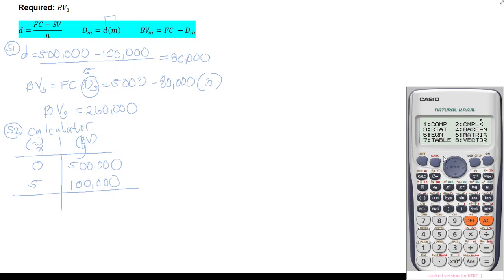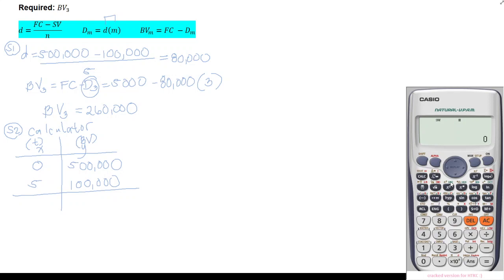In statistics, we choose 3, and then we choose 2 for the linear equation. Then we input 0 and press equals, and then the fifth year and press equals. For the book value, the first cost is 500,000, press equals, and then 100,000, the salvage value, press equals, and then press AC.